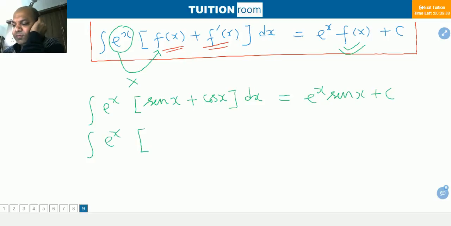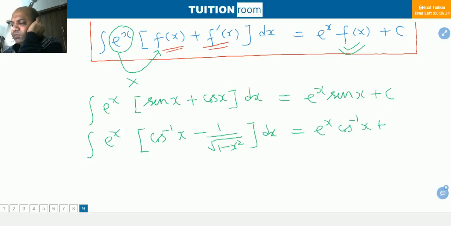Okay. So guys, please copy it. Then I will prove this formula, then we will do some more problems on this. What I have told here are the examples.